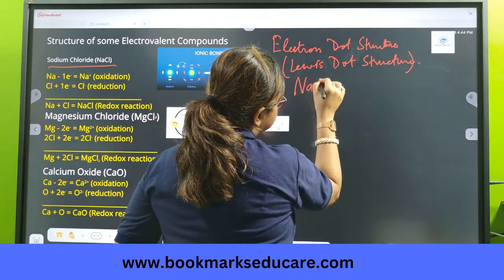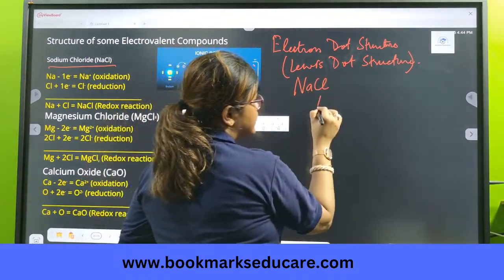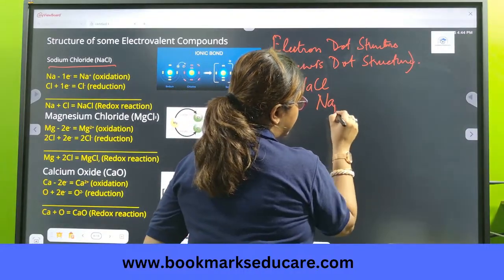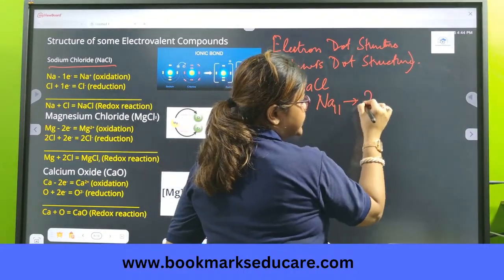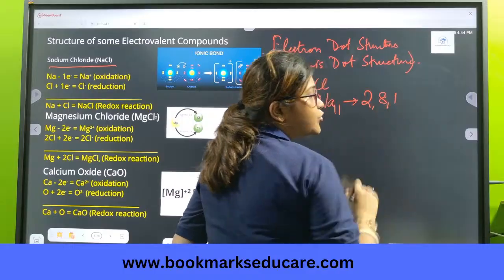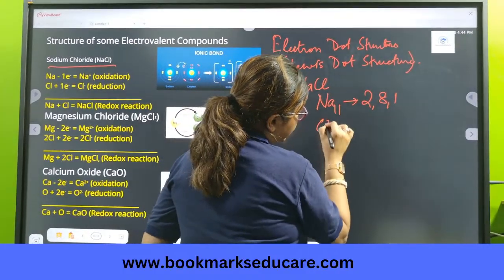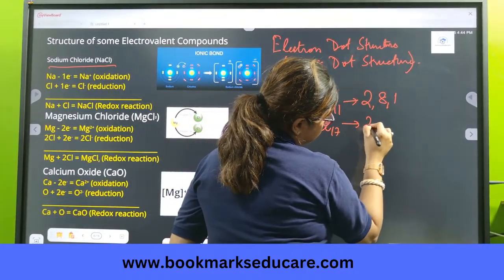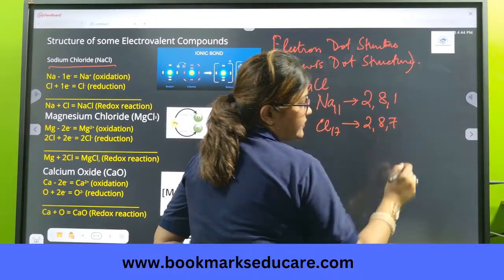Sodium chloride. As I have already discussed, sodium has an atomic number of 11, so its electronic configuration is 2, 8, 1, and chlorine is 17, with 2, 8 and 7.